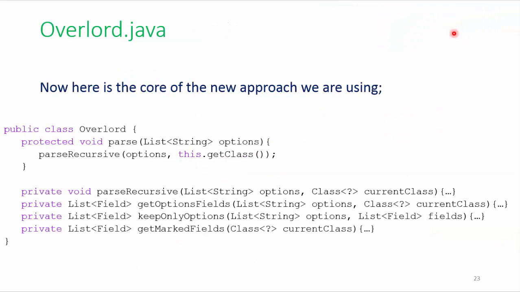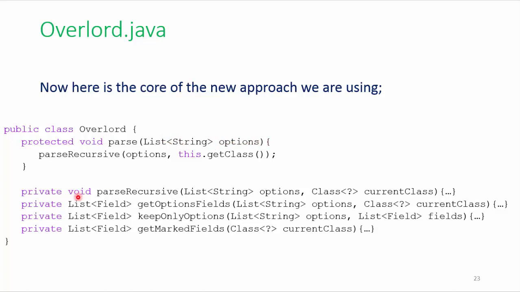And now here goes our new class, the new superclass that we want to add to our hierarchy. So the only thing that's going to be usable from the outside in that class is that protected void parse method that takes the same kind of parameter as before, a list of strings that represent options.